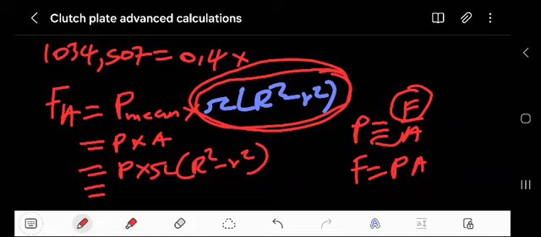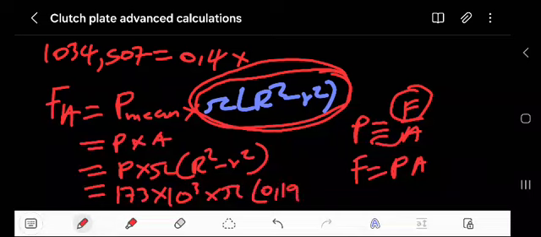Then if you substitute our pressure, we've been given the pressure of 173 kilopascal, which is times 10 to the power of 3, multiplied by pi, our R which was 0.19 squared, minus r squared.